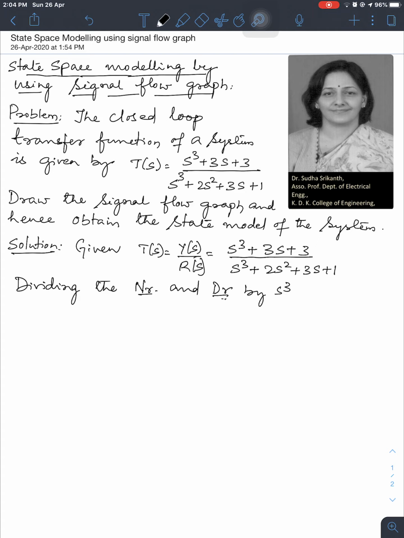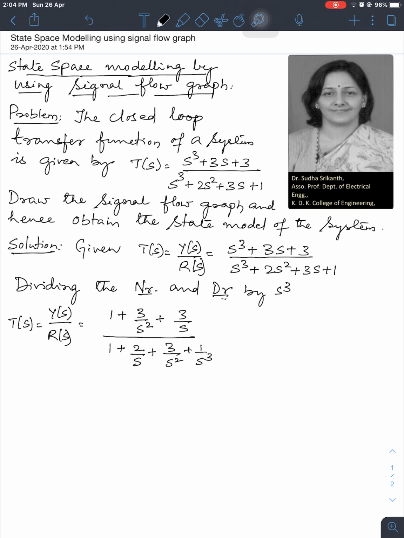What do we get? T(s), which we have defined as the Laplace transformation of the output function to the Laplace transformation of the input function, is equal to 1 plus 3 upon s² plus 3 upon s³, whole thing divided by 1 plus 2 by s plus 3 by s² plus 1 by s³. It is a very simple division.